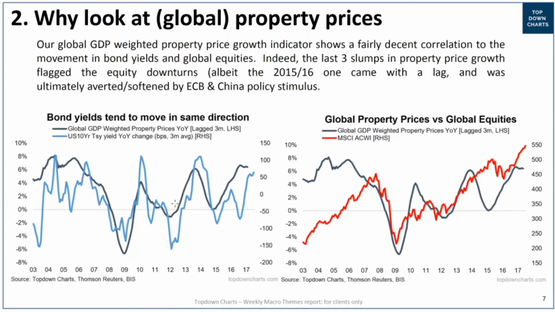So first of all, when bond yields go up, or when interest rates go up, that has a negative impact on property prices because it impacts on borrowing ability and borrowing costs, and vice versa. But probably more to the point, when you have property prices going up, that tends to be supportive for growth and inflation.